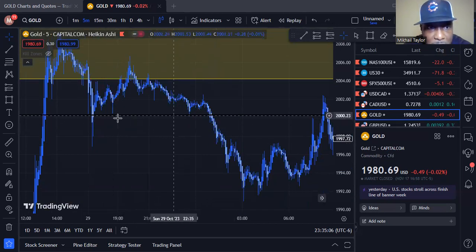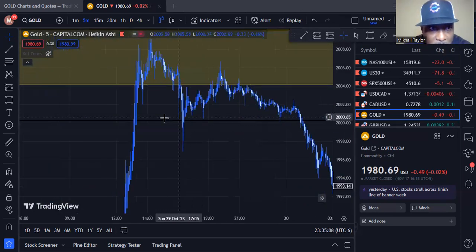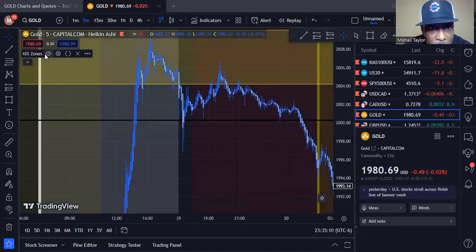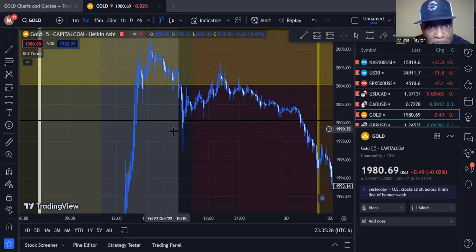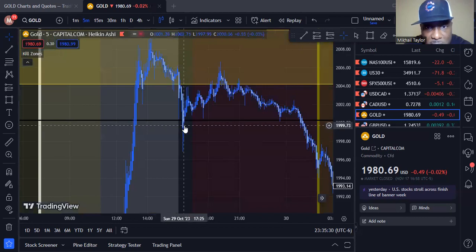But yeah, I'm not gonna lie, probably would have missed it here. This is at the end of the day, so it's possible I would have overlooked this if I was trying to wait for price on the 5 minute to come out of this box. You know, it's possible I would have missed the temptation to get into the move here because this is at the end of the day.